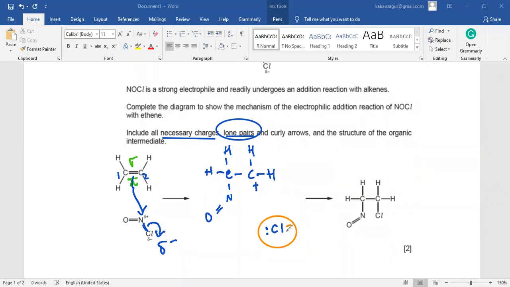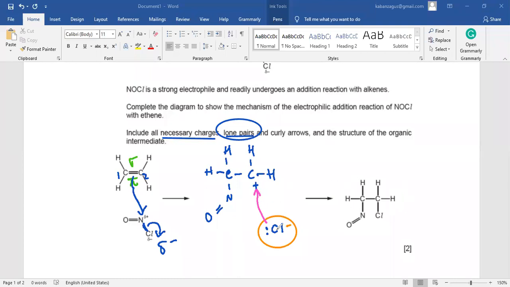This Cl now has an excess of electrons, because in the previous step it took the electron from nitrogen, making it -1. And therefore this Cl will attack the C plus, and of course you're gonna have this one.